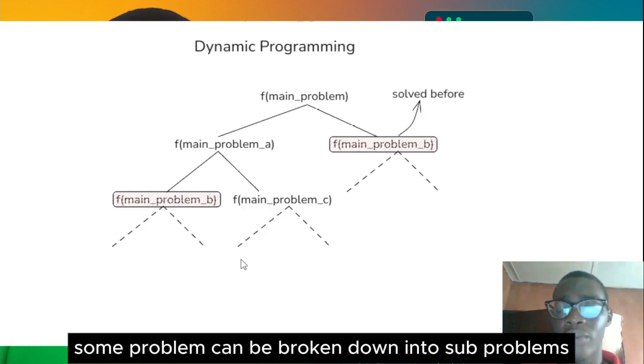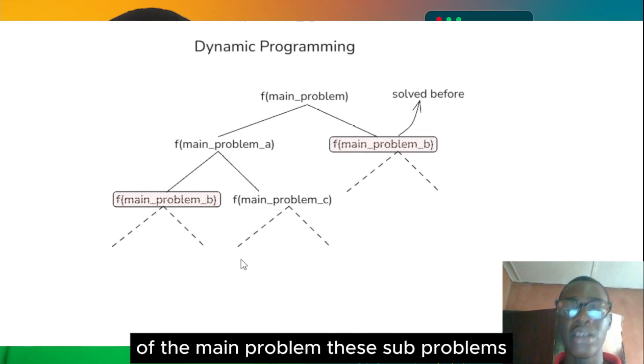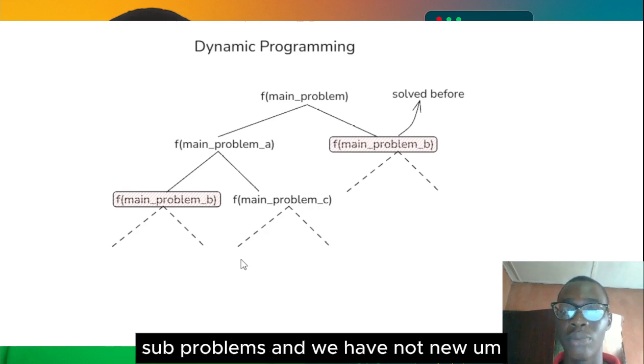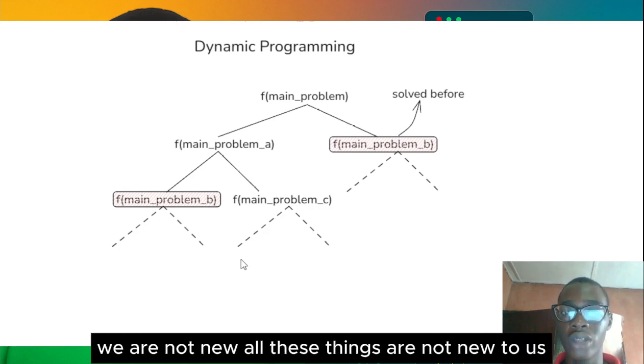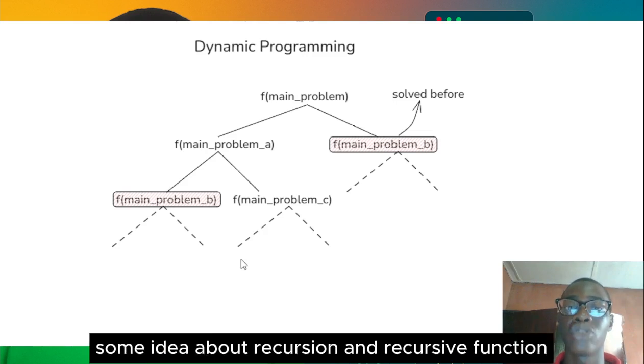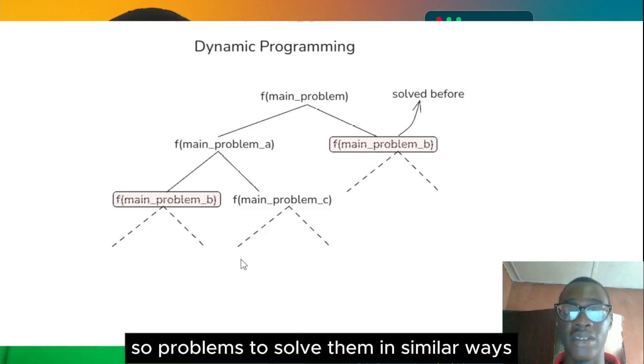Some problems can be broken down into subproblems, where each subproblem is actually a simpler version of the main problem. These subproblems themselves can be broken down into simpler subproblems, and this is not new to us, especially if we have some idea about recursion and recursive functions, whereby we make recursive calls to each of these subproblems to solve them in similar ways.